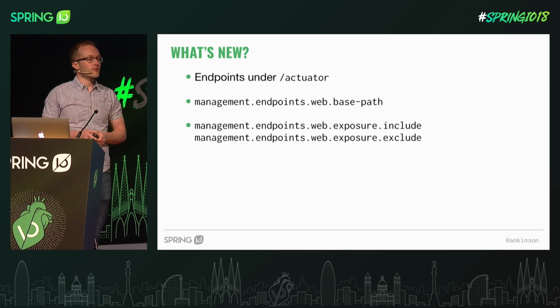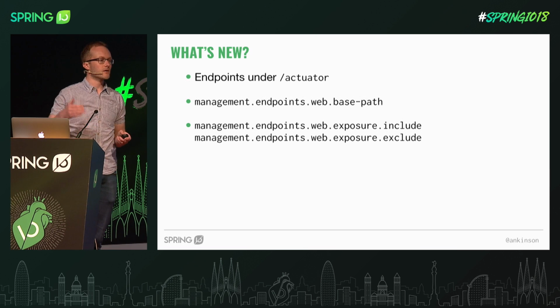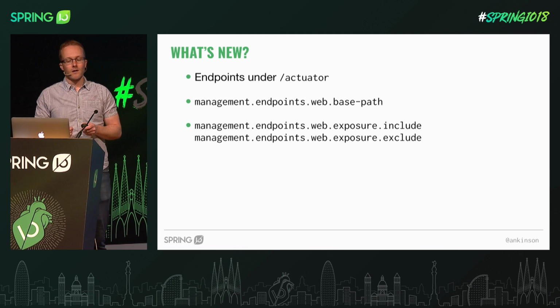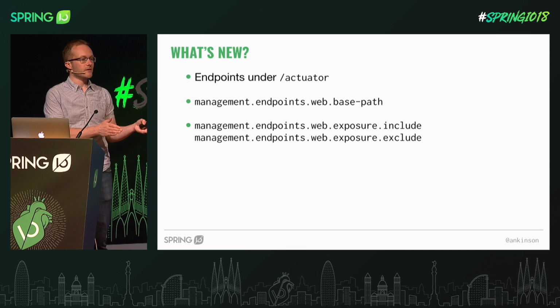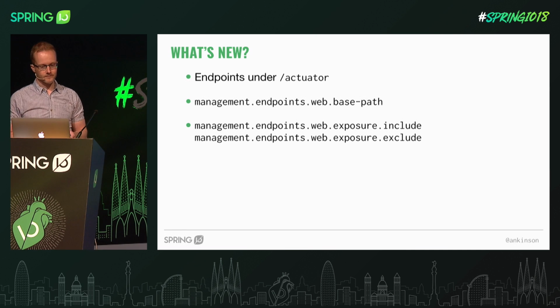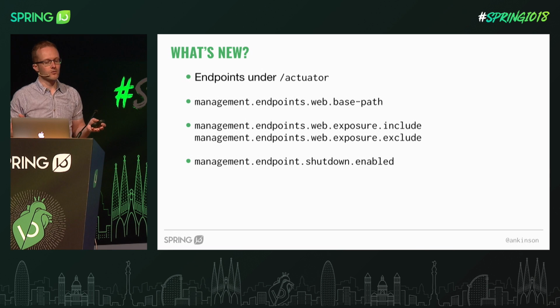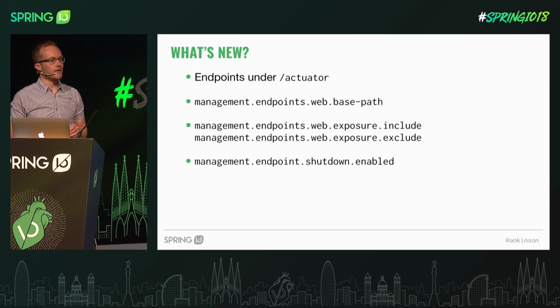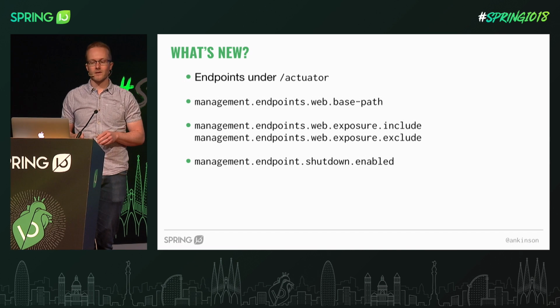The two properties for deciding whether things should be exposed, so the include and exclude properties. As I mentioned, there's a pair of properties for web and a pair of properties for JMX. The web ones are more locked down by default for security reasons. JMX is more open. And you can also enable or disable endpoints completely. I've used the Shutdown Endpoint here as the example in the slides because the Shutdown Endpoint is disabled completely by default.